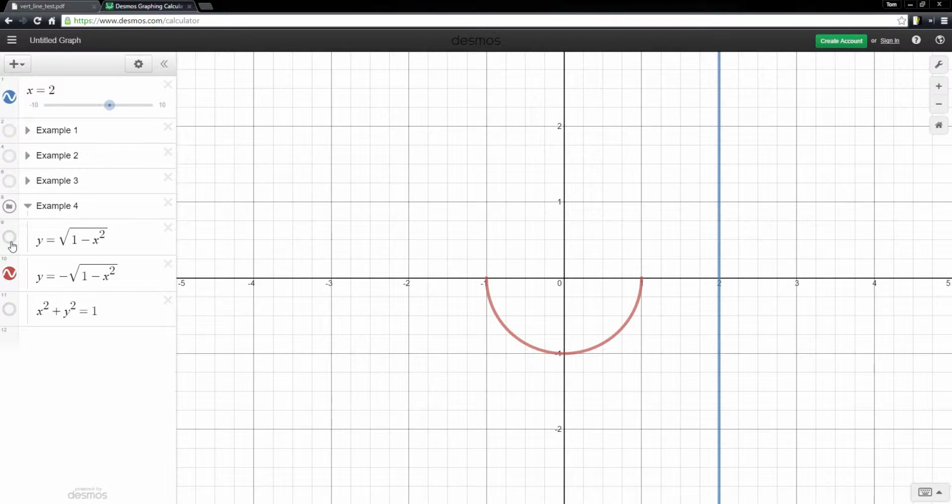The way I like to think about that is that an equation may not globally, if I look at the entire graph, define y as a function of x, but under certain circumstances there are little pieces of it, in this case the top half and in this case the bottom half, which do define y as a function of x. So that's extremely important in the next video, and we'll talk about these little functions that are defined by pieces of the graph of an equation.